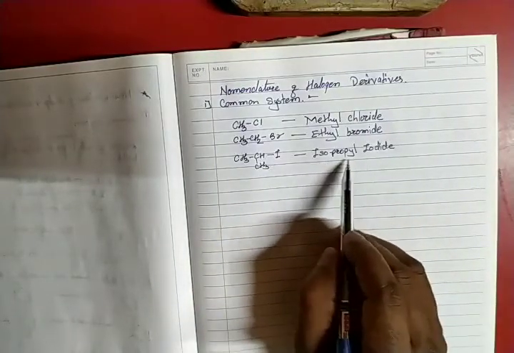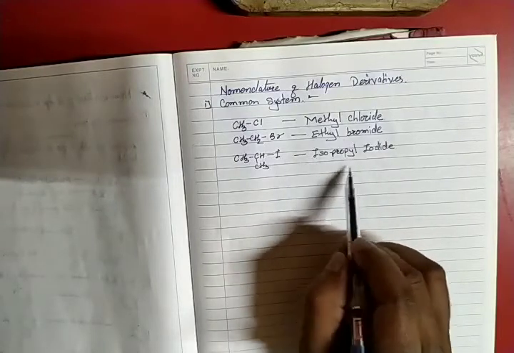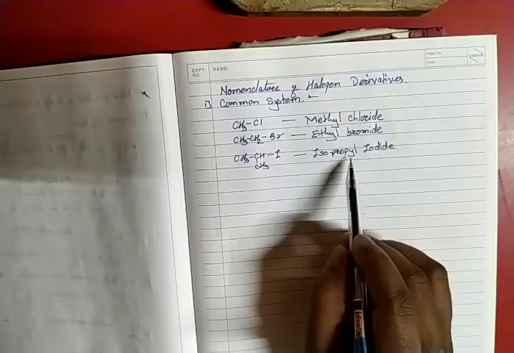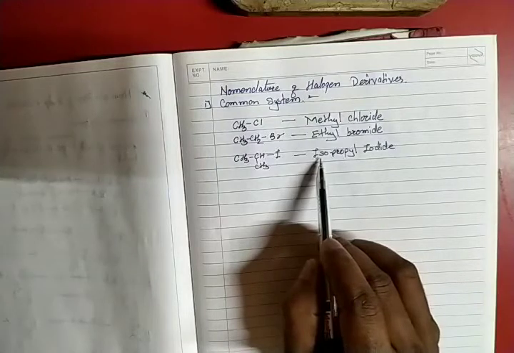The names of these alkyl groups we have already discussed in 11th standard. Here the prefix iso is used.